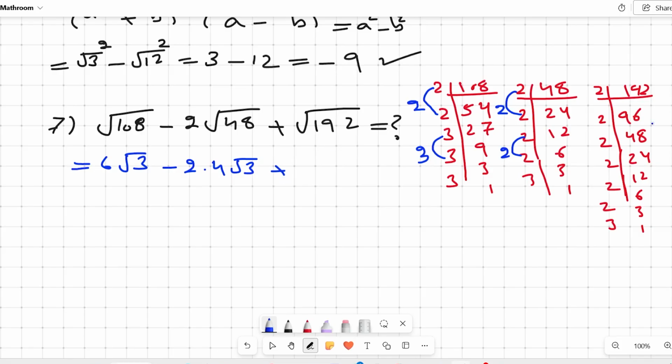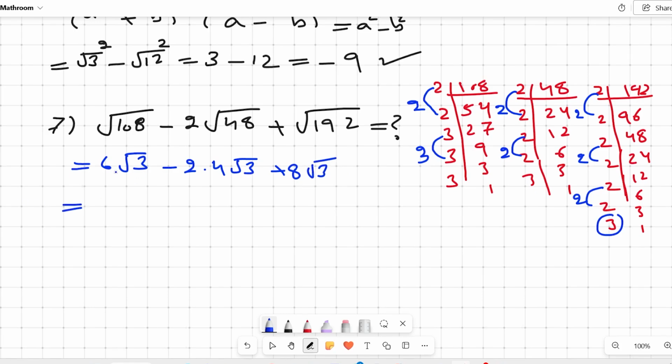Plus 192. From these two I take one of that. From these two I take one of that. From these two I take one of that. 2 times 2 times 2 is equal to 8. And 3 remains under the radical sign.